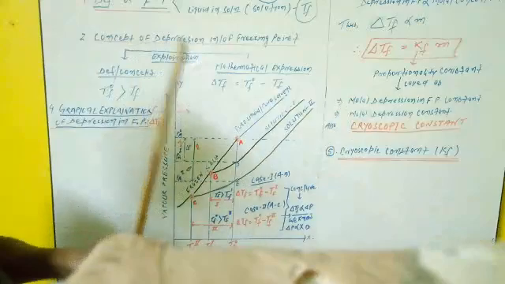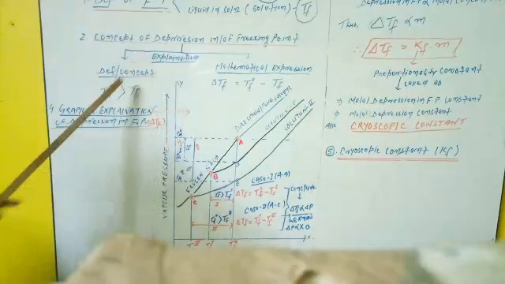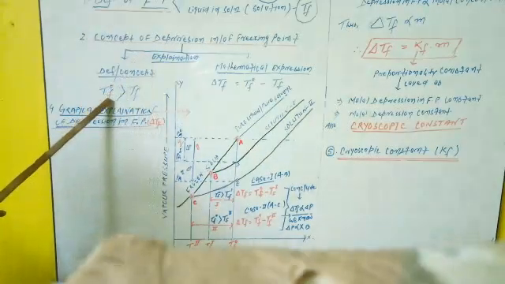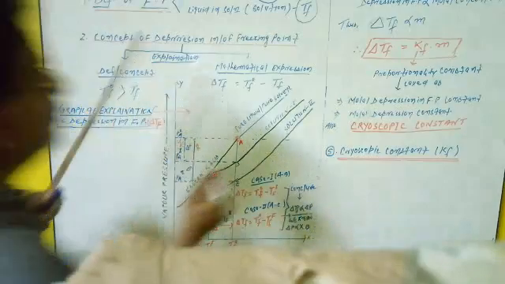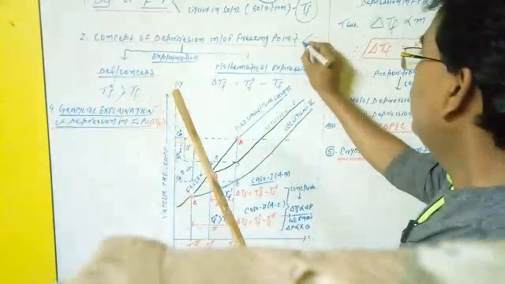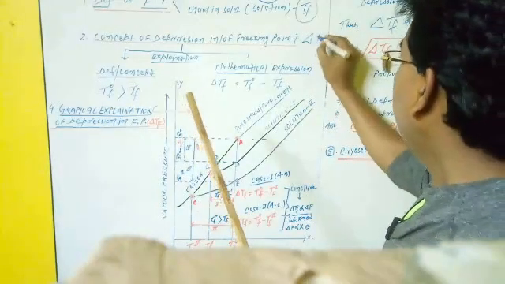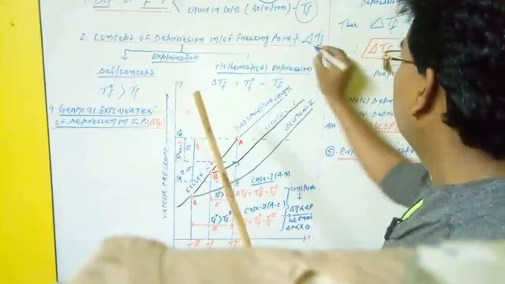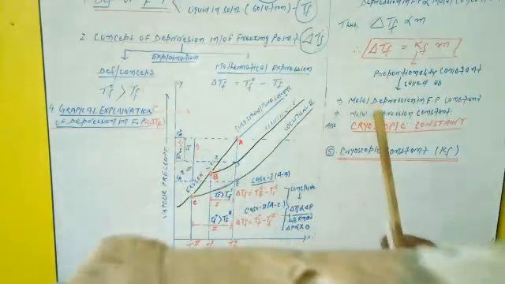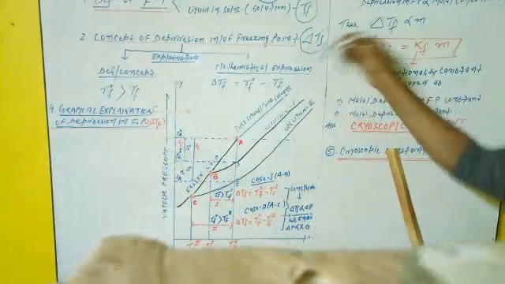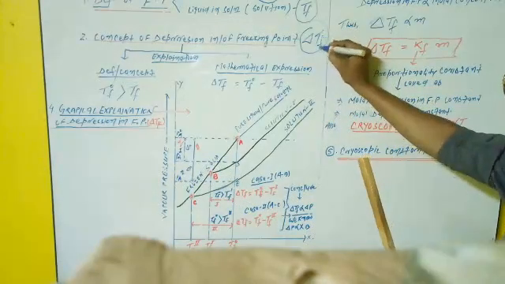Now you see here in concept, T naught f is greater than Tf. If depression in freezing point is denoted by delta Tf, delta means change, T means temperature, and f means freezing point.